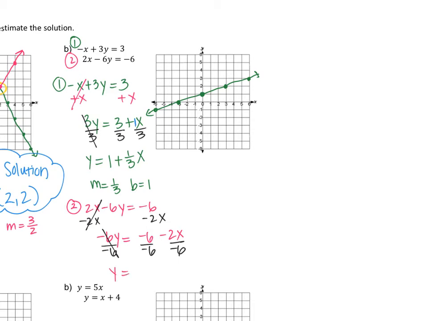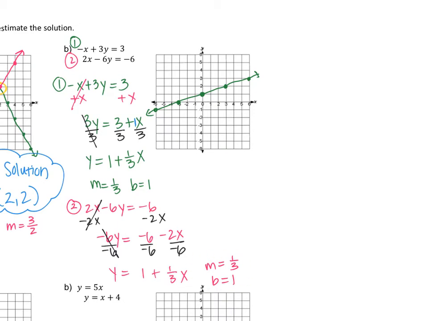Y equals positive 1 because negative 6 divided by negative 6 is positive 1. These two are also negative, so that makes a positive. 2 over 6 can be reduced to 1/3, right? Because 2 goes into 2 one time, 2 goes into 6 3 times. And so now I have my equation. And so my slope here is 1/3, and my y-intercept is 1.